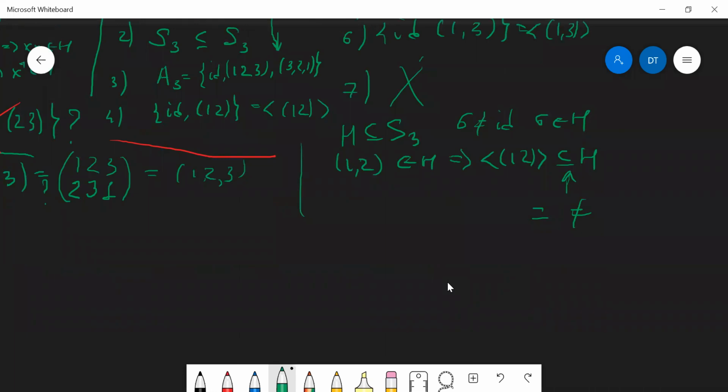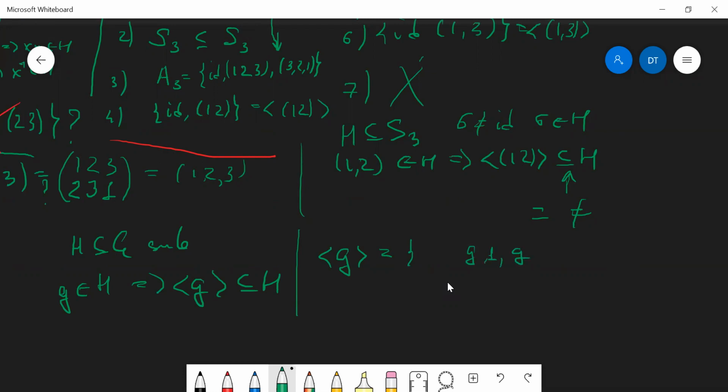So if H is a subgroup and g is in H, then this thing is a subset here. Let's prove this. So what is the cyclic subgroup generated by g? It is the set of all possible powers of your element. By the definition of H, it contains 1.